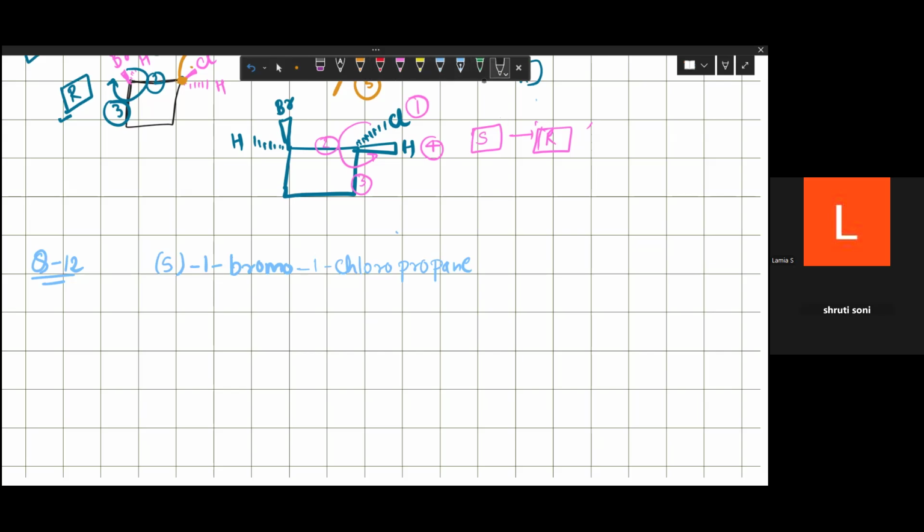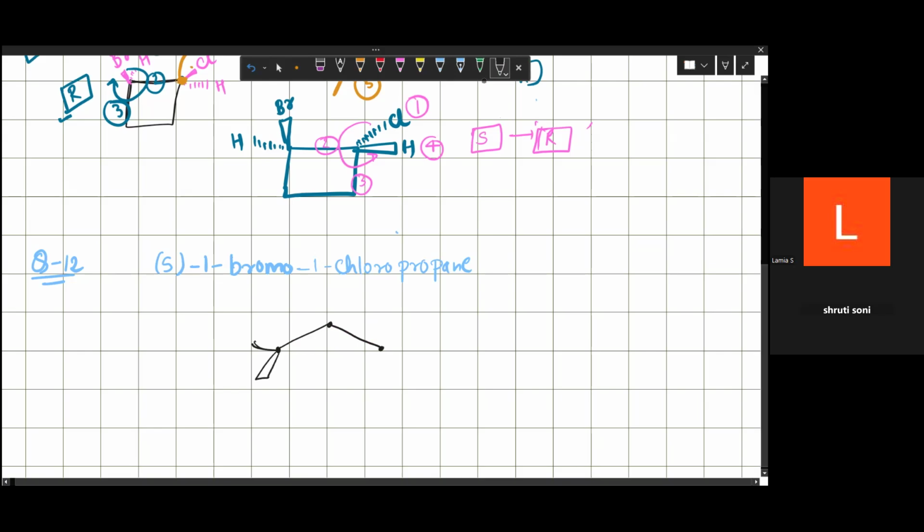Okay, so three carbons. Let's suppose firstly I'll draw this one: one, two, and then at the first there are three atoms attached. The one and second, and let's suppose here is the fourth.